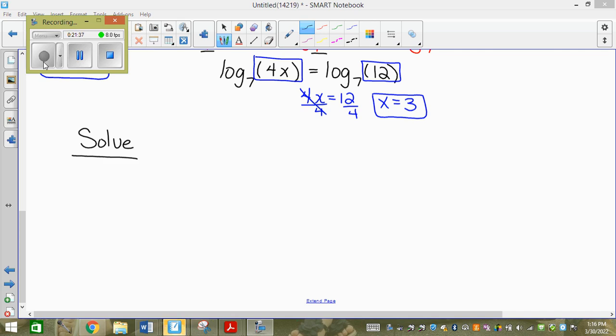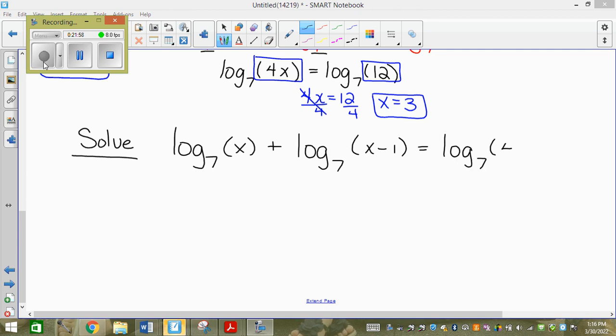I'm going to give you log base 7 of x plus log base 7 of x minus 1 equals log base 7 of 4x. Try and put them together.